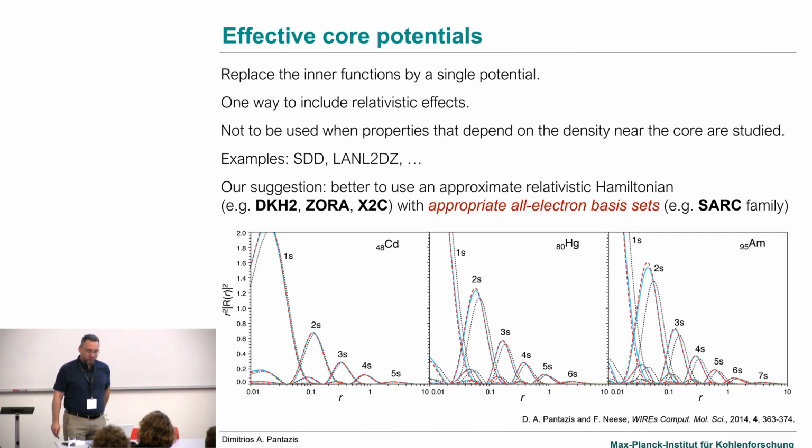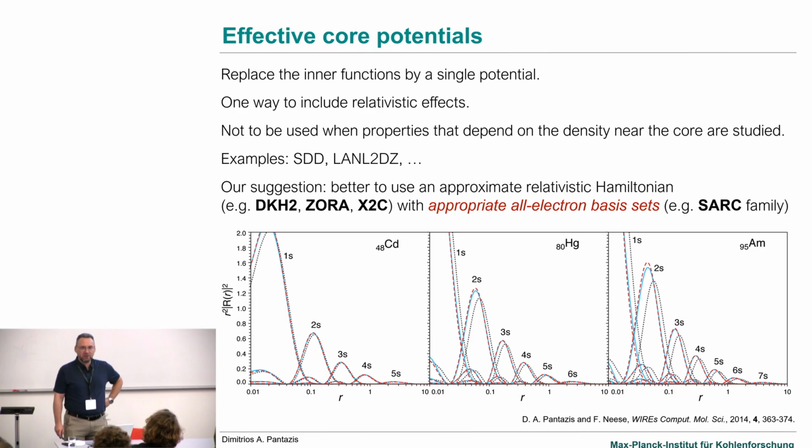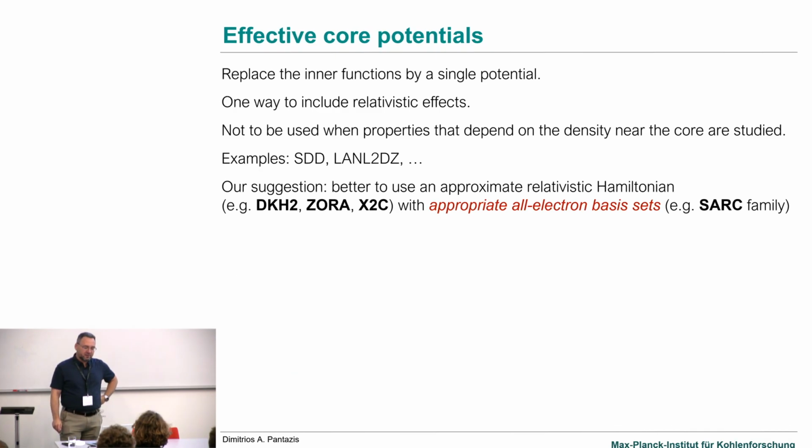Although there are more satisfying ways to include relativistic effects, for example, use some relativistic Hamiltonian, which then, however, normally needs specific basis sets that represent the changes that happen under the influence of relativity.